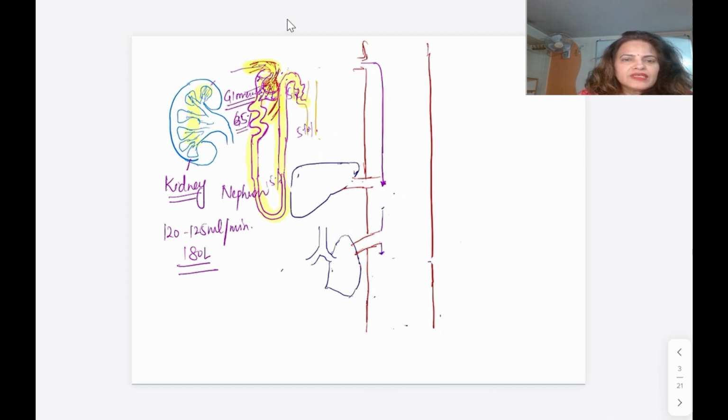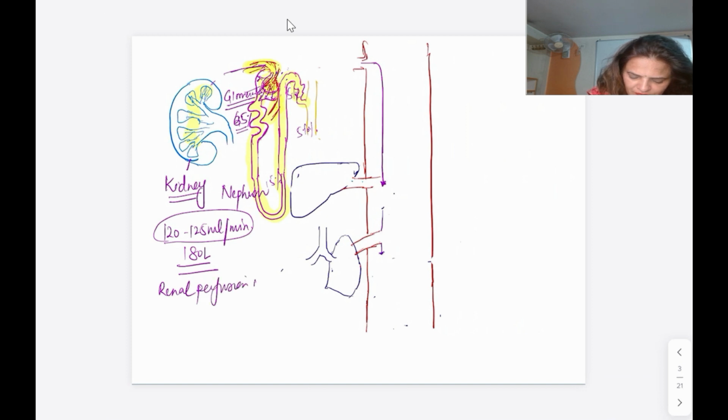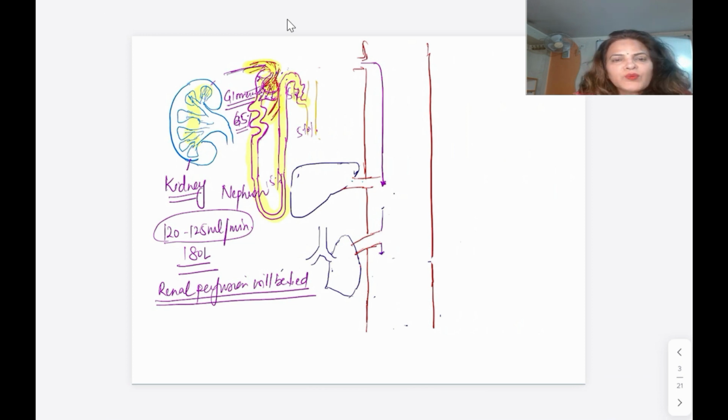Now what happens if there is a fall in blood pressure? Then the pressure in the glomerulus will be less, or the renal perfusion, you can say, will be decreased. Now once this renal perfusion through the afferent arteriole is decreased, then what will happen?